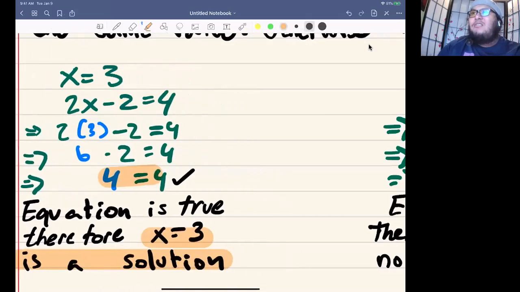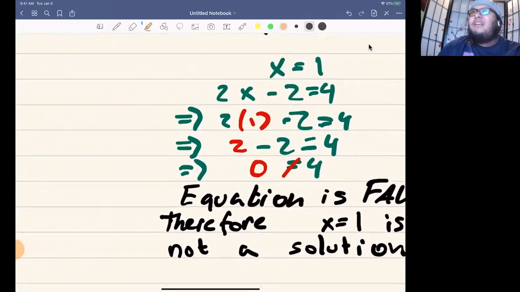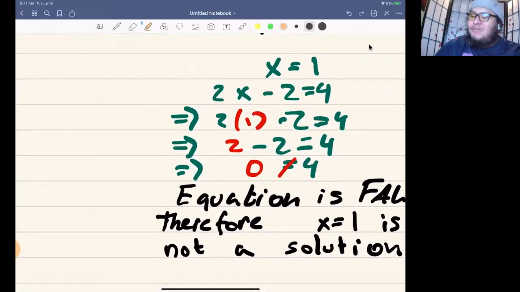If something is not a solution, here we have another example. It's the same equation, 2x minus 2, and we're checking if x equals 1 is a solution. Once again, we plug in 1 wherever the x would be, and we get 2 times 1, which is 2, minus 2.